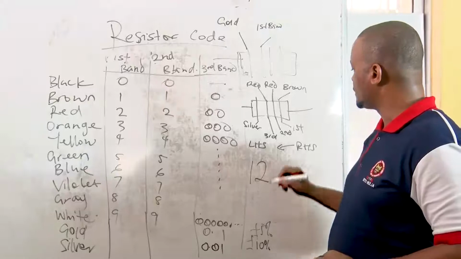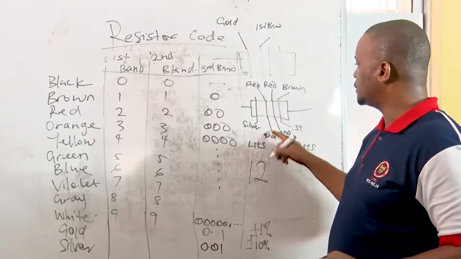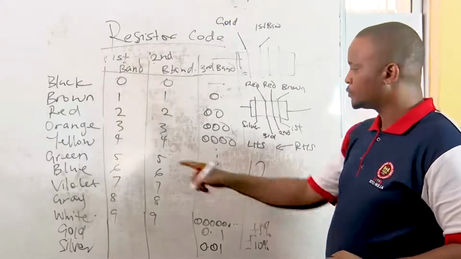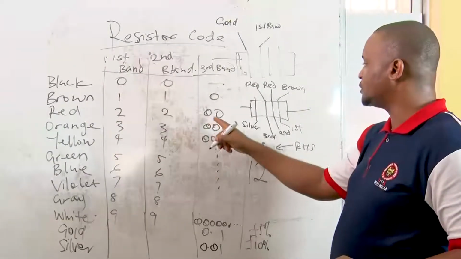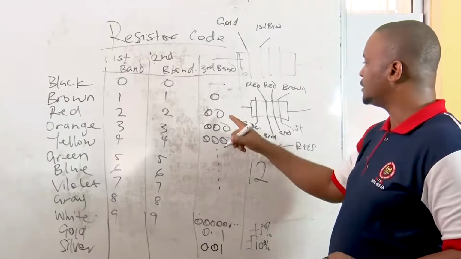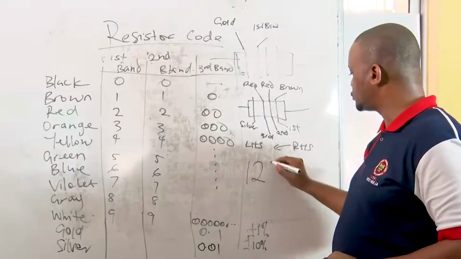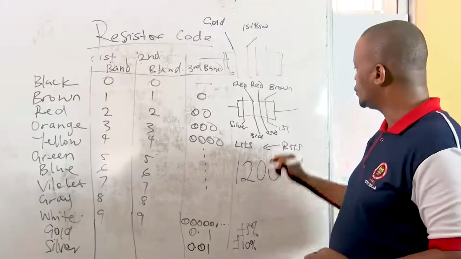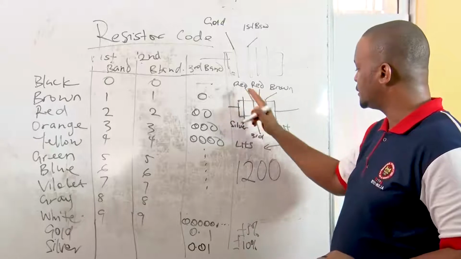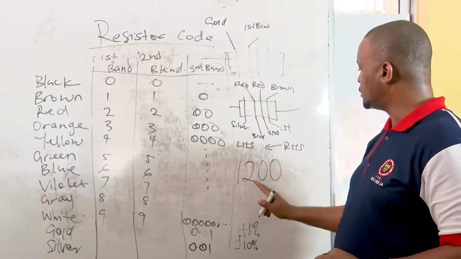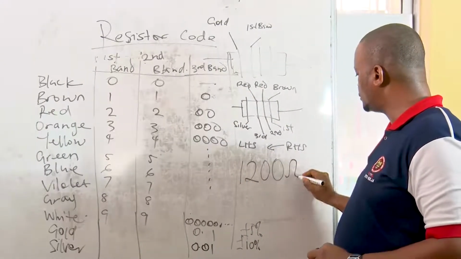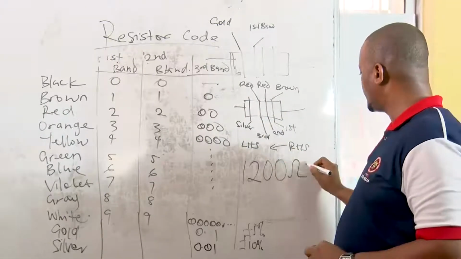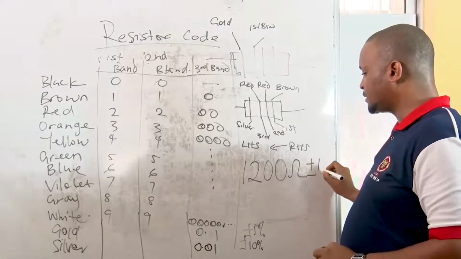You write 2. And the third band is what? Red. Remember, the third band is the multiplier. And since you know that red is 2, definitely on the third band, you need to just put 2 zeros behind it. And that is it. So brown, red, red is 1, 2, 0, 0 ohms. Okay? Now, what is the tolerance? This is silver, plus or minus what? 10%.